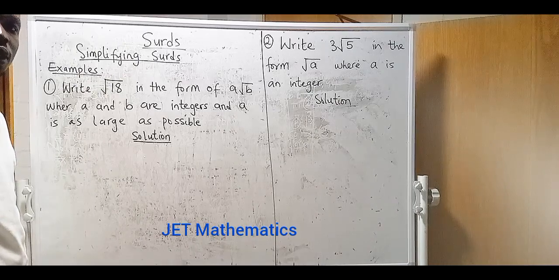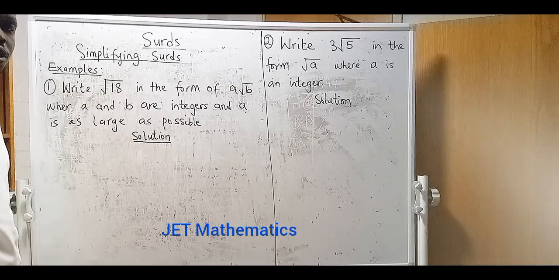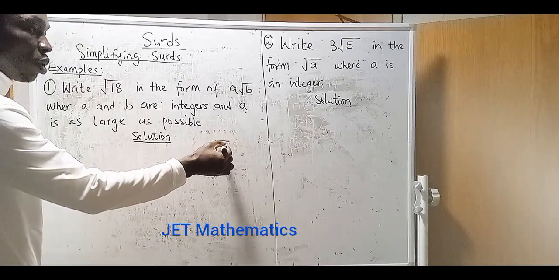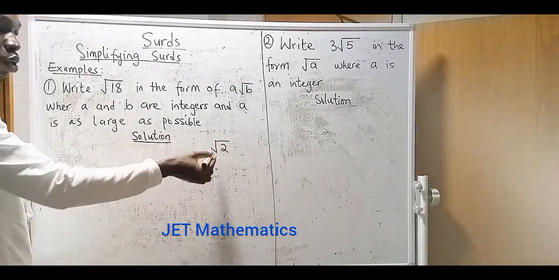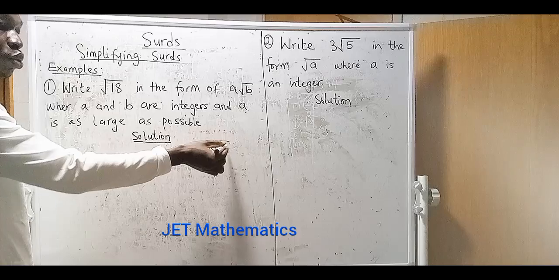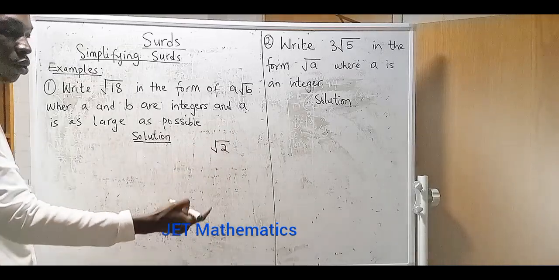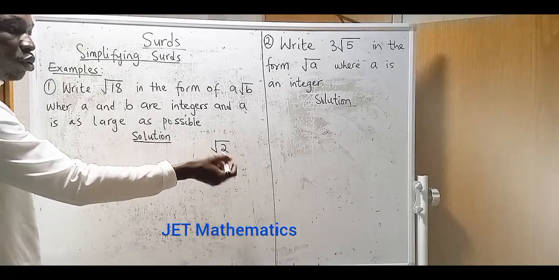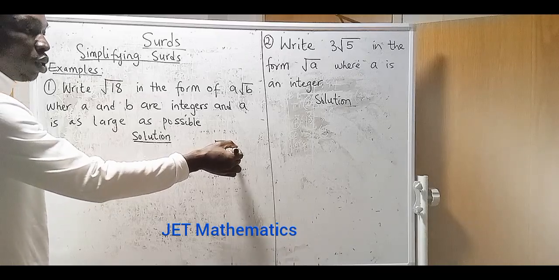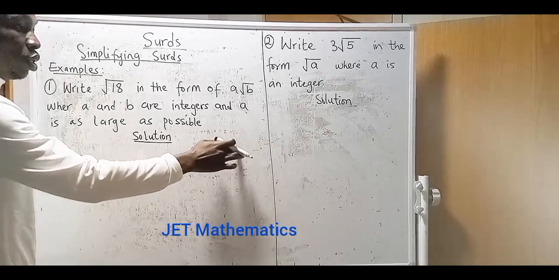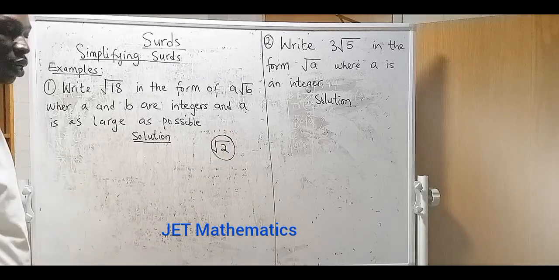In our last video, we started with the topic surds, and we said surds are irrational radicals. They are numbers that are expressed in square root like this. For instance, 2 root 2 is a surd. Root 2 is irrational. When you take the square root of 2, it gives you a number with decimal places, so this is irrational.